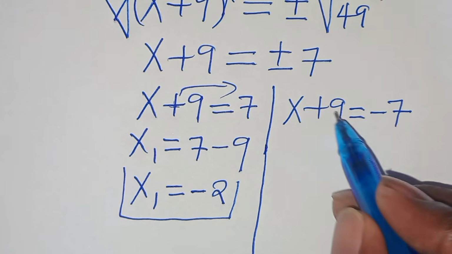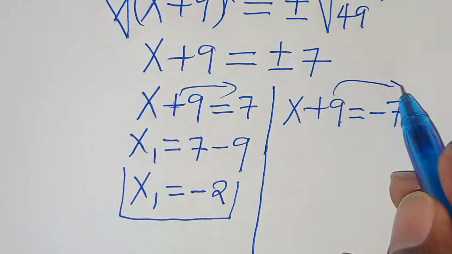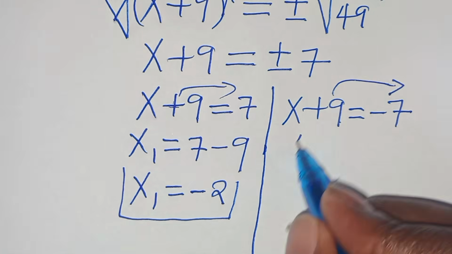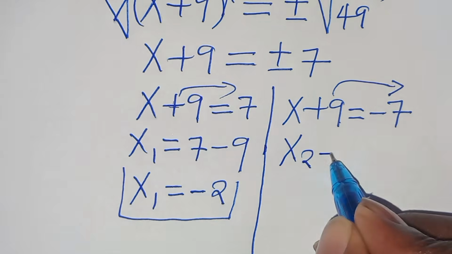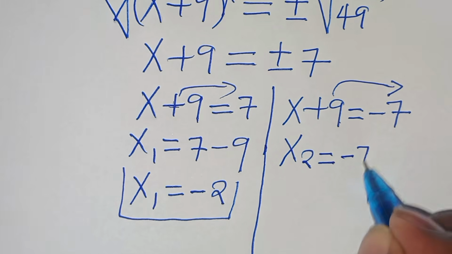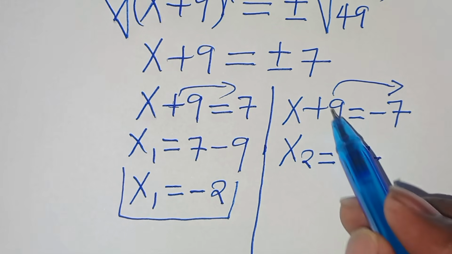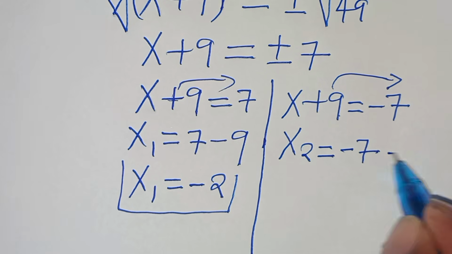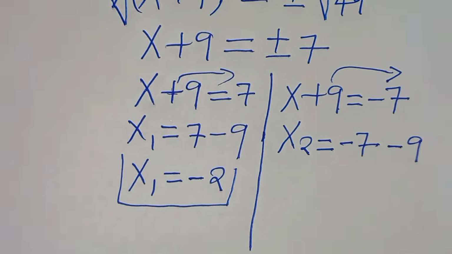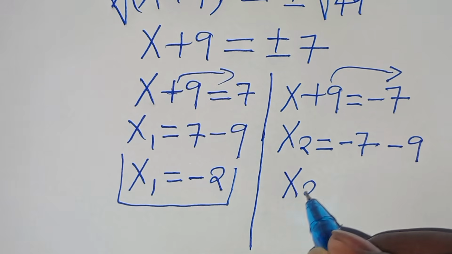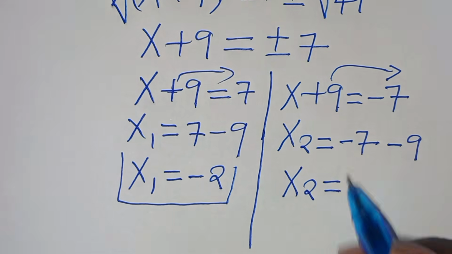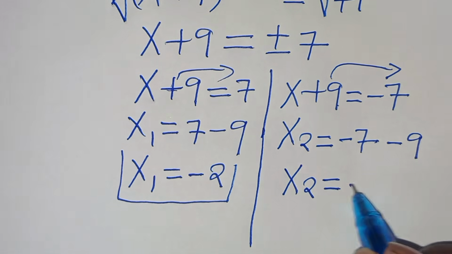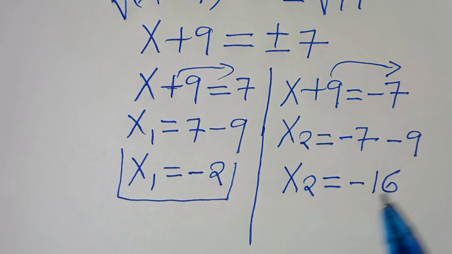So let's take plus 9 to the right hand side, so that x2 is equal to negative 7 minus 9. This is equal to minus 16.